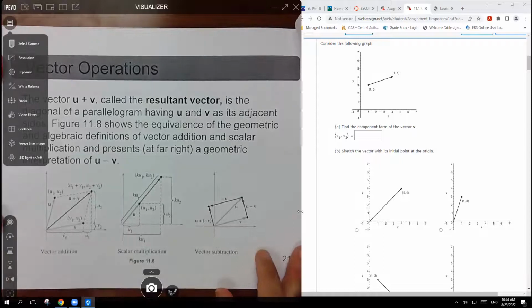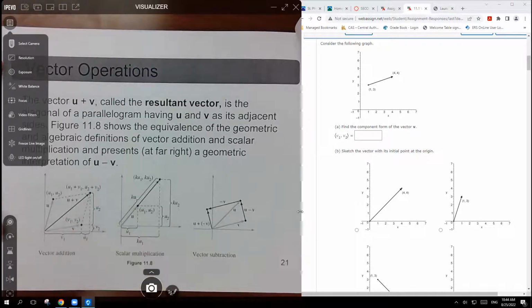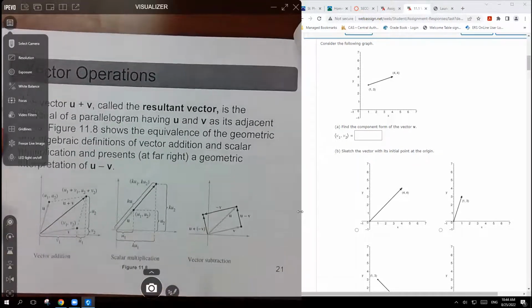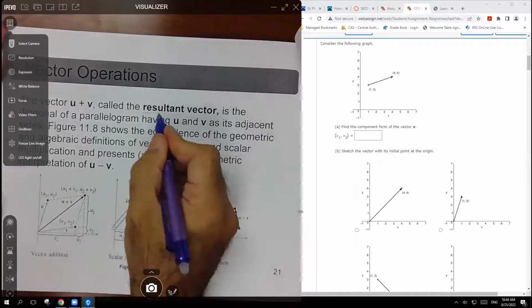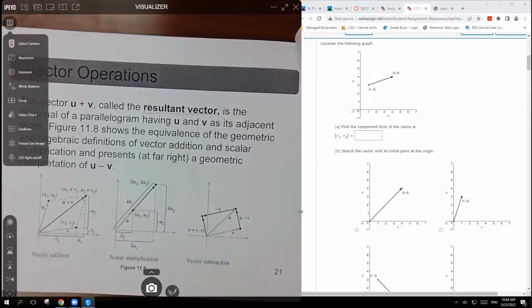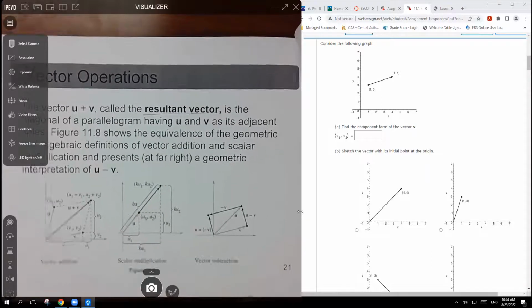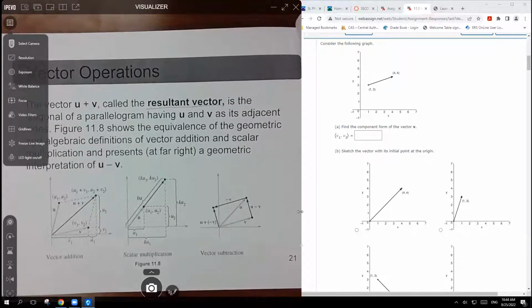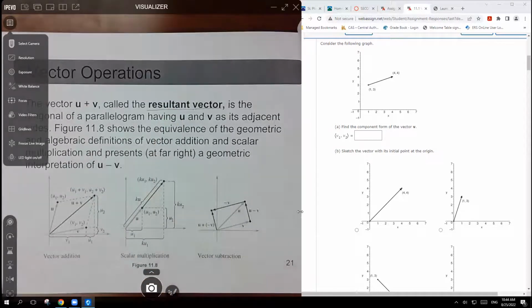Now the same thing with the scalar. This is the addition. You see, one is called the resultant vector. It happens with forces, like when you have two forces affecting one object. When you add these two forces, it's going to be a resultant force. But now we're working with vectors, so it's going to be a resultant vector.